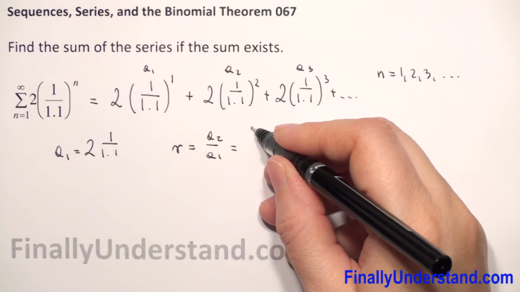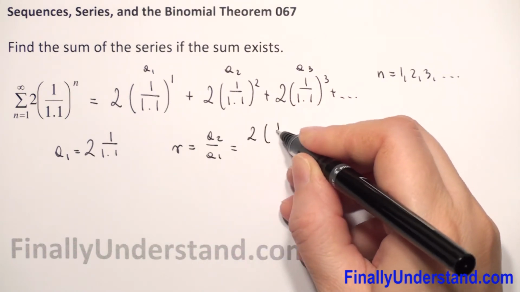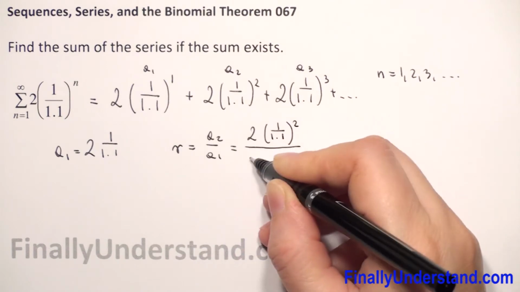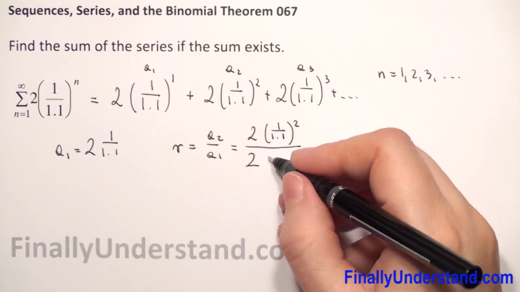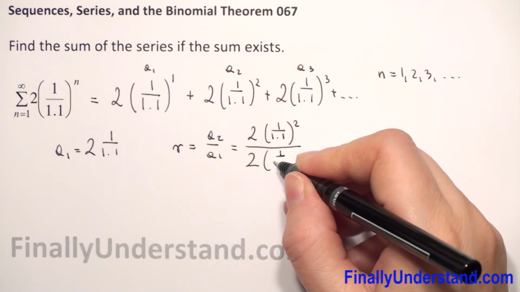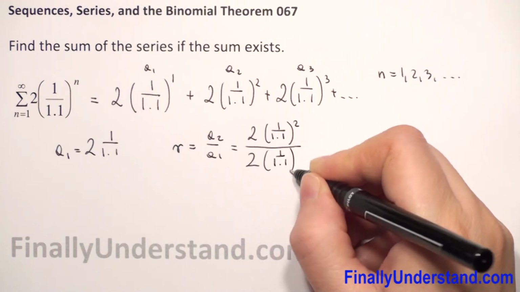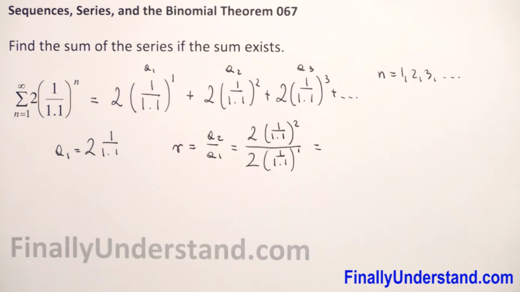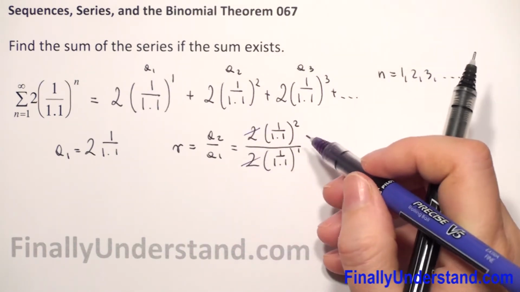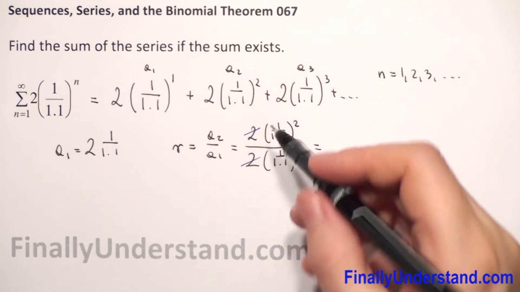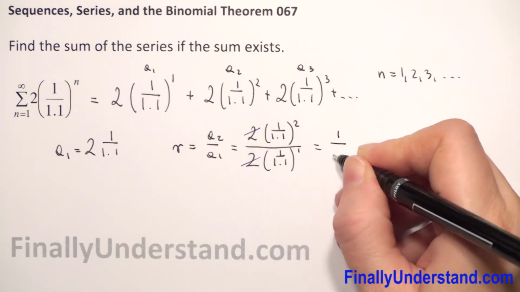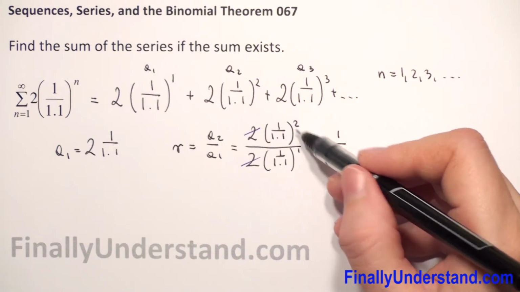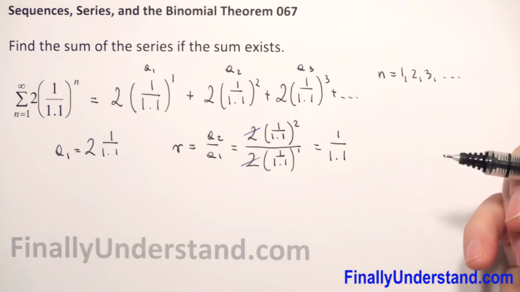It will be 2 times 1 over 1.1 to the second power over a1, which is 2 times 1 over 1.1 to the first power. So the 2 and 2 will reduce. The base is the same, so we copy the base 1 over 1.1, and the power will be 2 minus 1, which is 1, we don't have to write it.